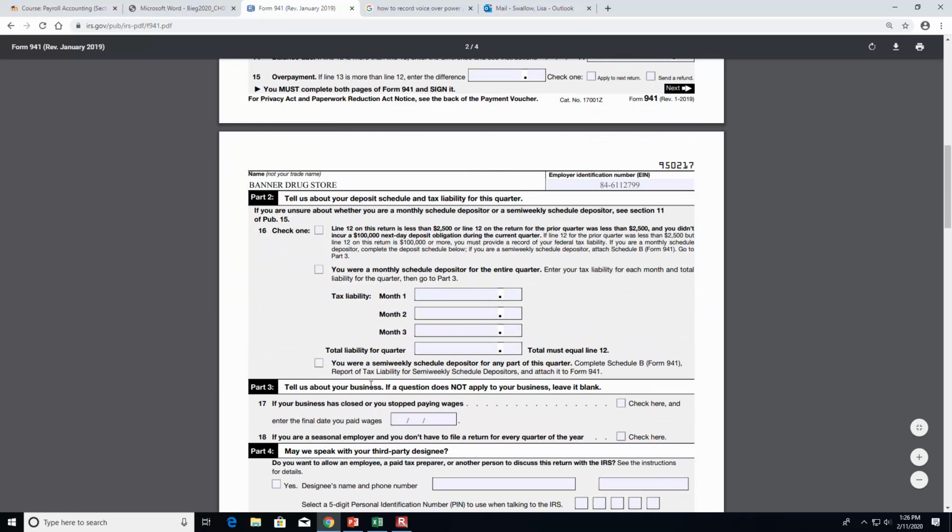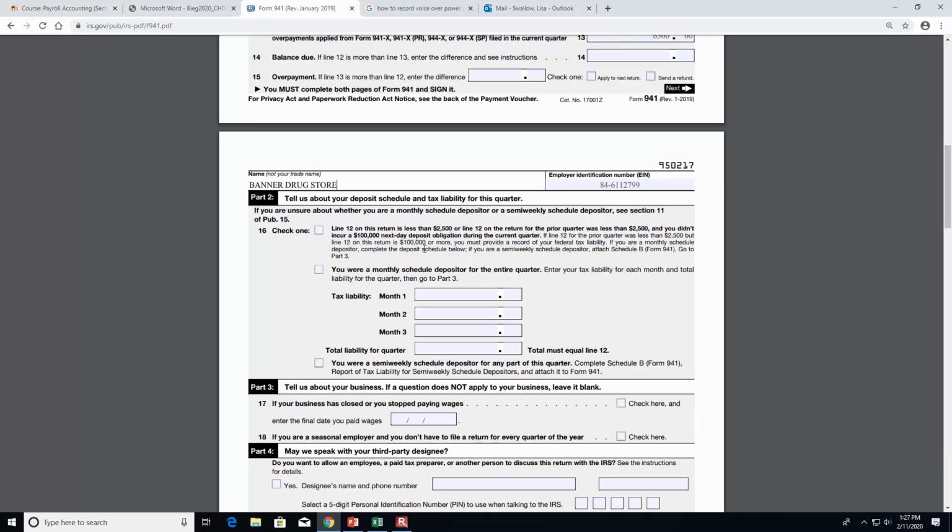Then it says, tell us about your deposit schedule and tax liability. If you are unsure whether you are monthly or semi-weekly, see section 11 of Pub 15. But I know because I told you, what are they? Monthly. So go check the appropriate box in part 2.